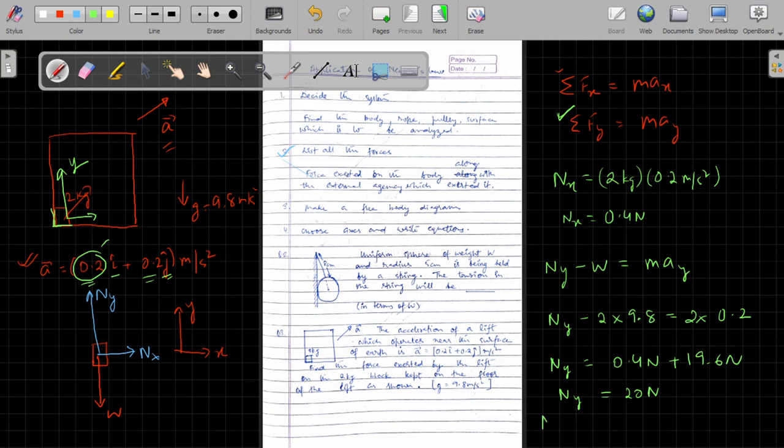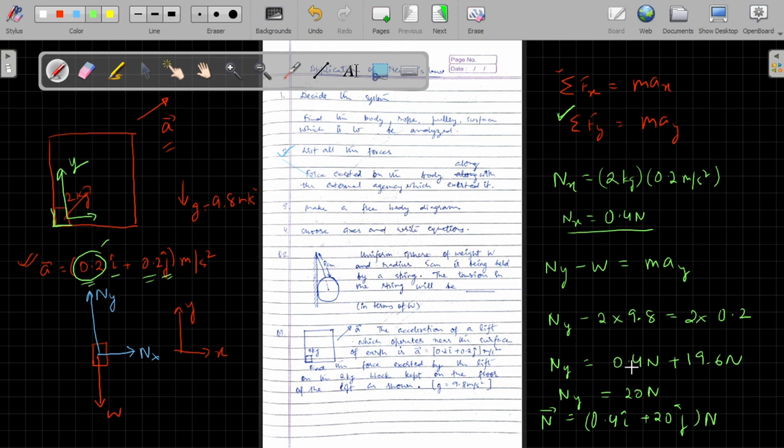So the normal force vector acting on the block, we can write as 0.4 i cap, because the 0.4 newtons force is in x direction, plus 20 j cap newtons.